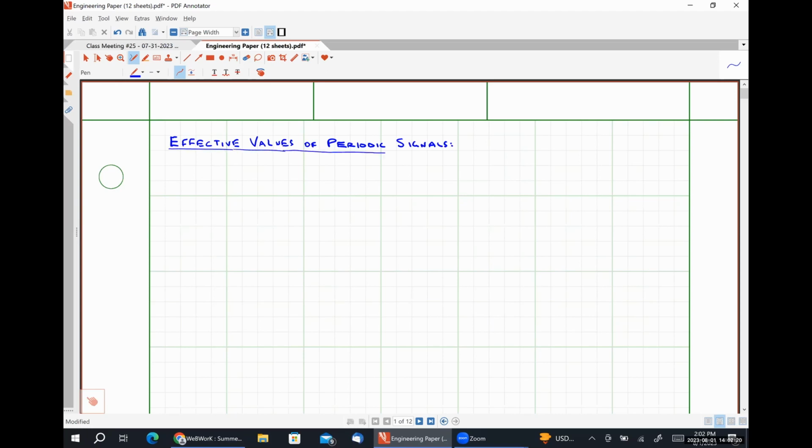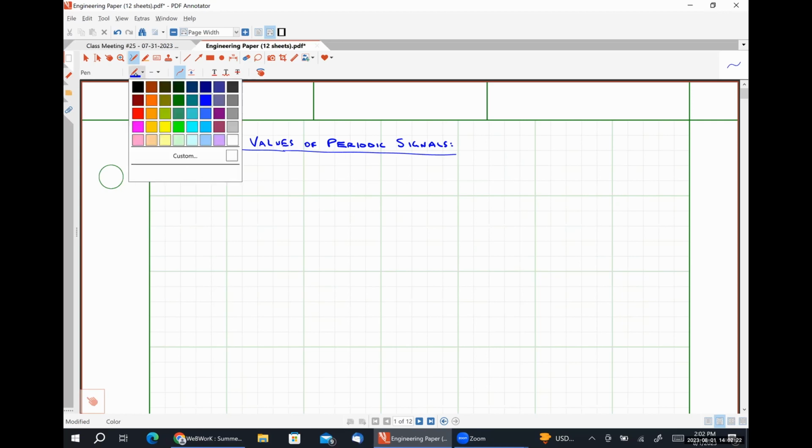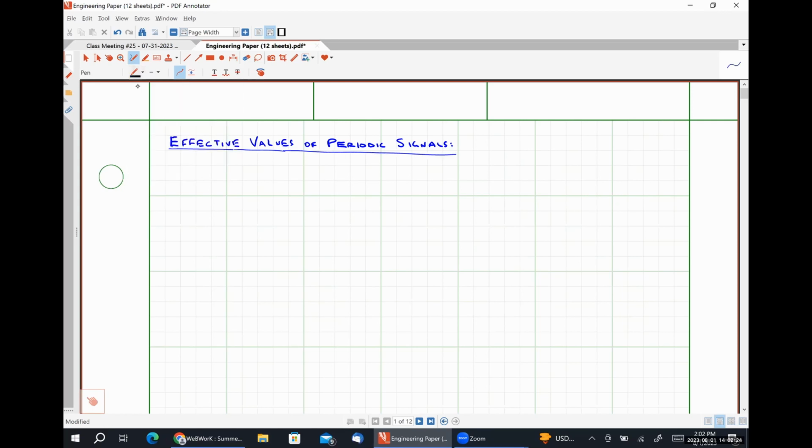By bringing in some practical stuff into this class, right? So what I am going to attempt to draw here is a standard outlet or receptacle that's used here in the United States. Please bear with my terrible drawing skills.